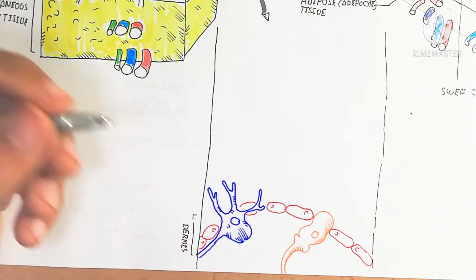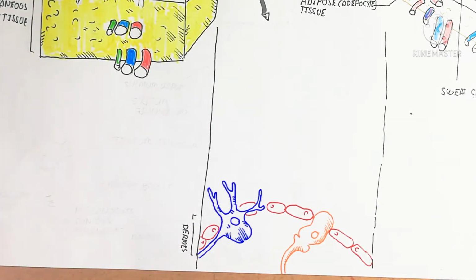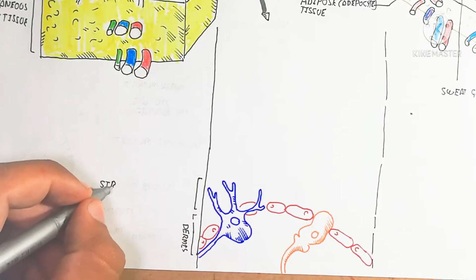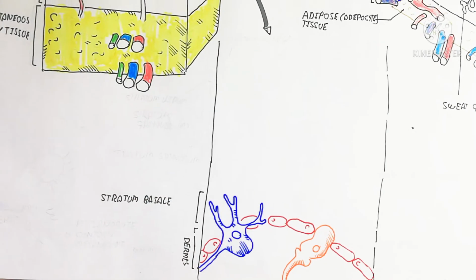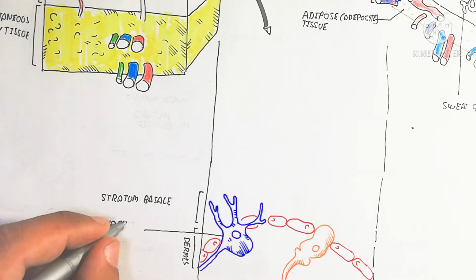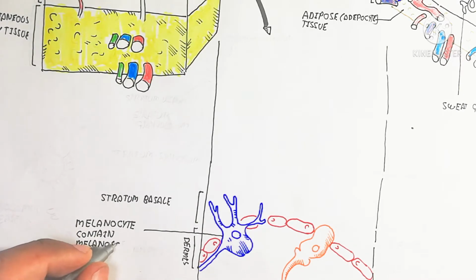The epidermis contains different layers. But the dermis contains the sensory neuron, which is attached to light touch, that is a mechanoreceptor cell. It is also known as the Merkel cell, which is important. And here is the melanocyte containing melanosomes.